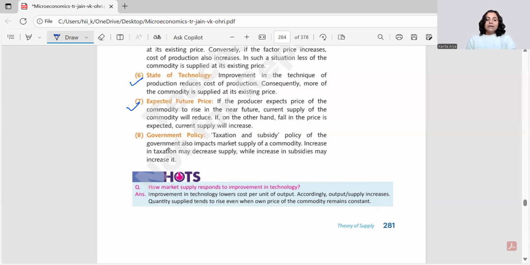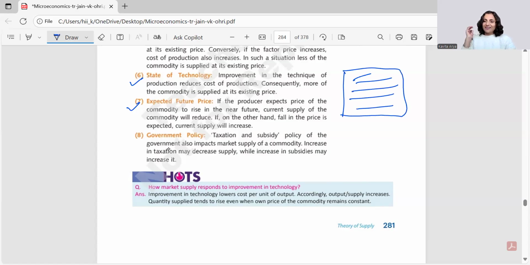How and why? Expected future prices means if, say, the person has got this much stock at his godown, and he's expecting that the prices are going to be higher, what would be his reaction today? He'll try to hold the things today, thinking it's better to sell at higher prices tomorrow, right?